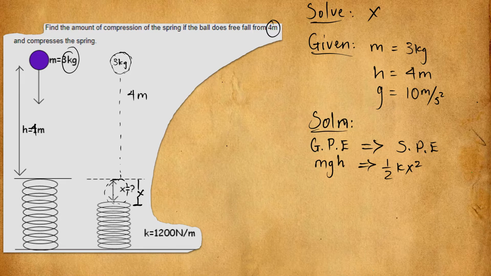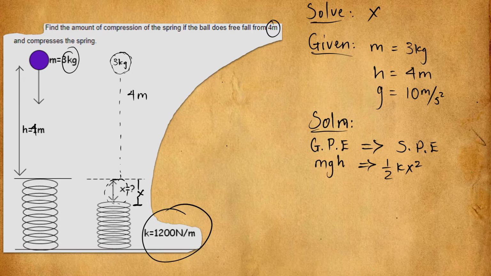So that stiffness is always constant for each spring, and for this case we have k as right here, 1200 Newton per meter. So Newton per meter means per each meter it has 1200 force pulling you against. So that's what k is.